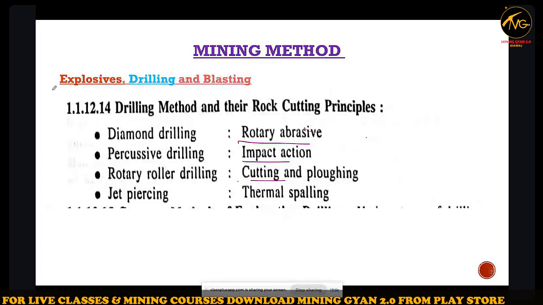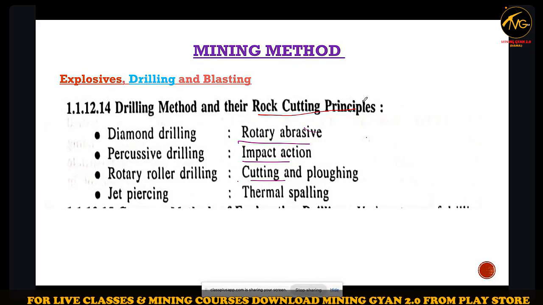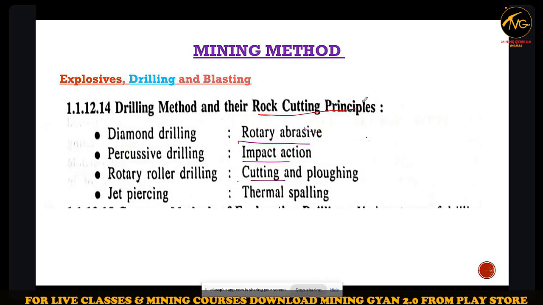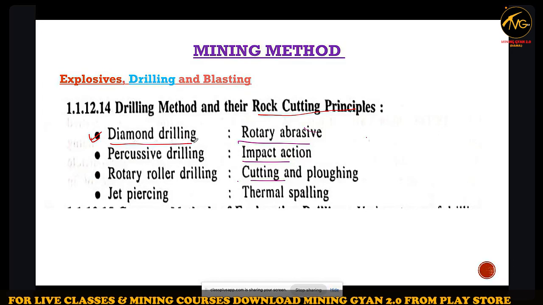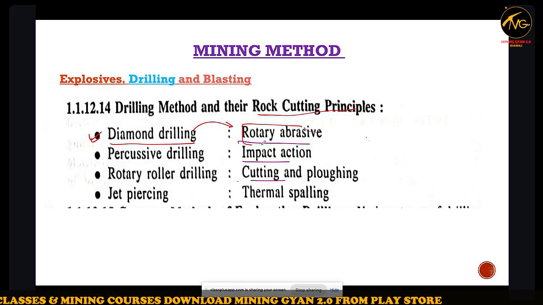Okay. So this is the drilling method and the rock cutting principles. You should remember these things, because these are the principles which may be asked in many of your exams. So diamond drilling uses the rotary abrasive principle. Percussive drilling uses impact action.